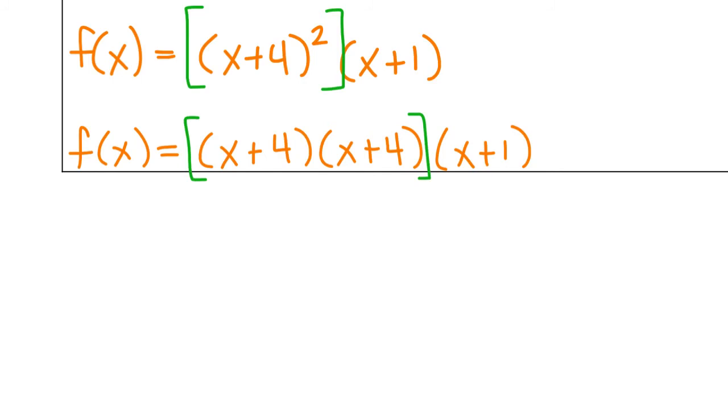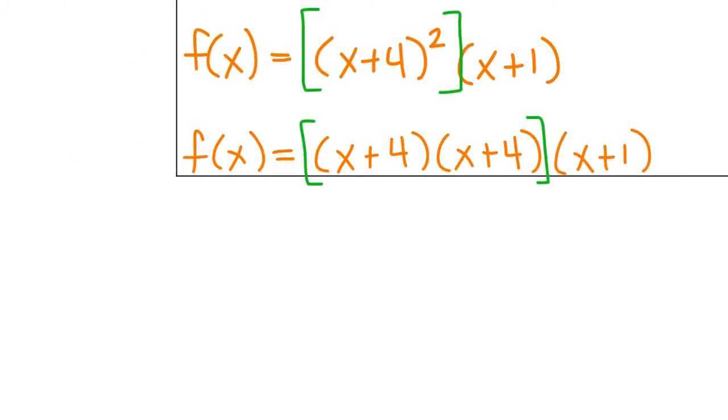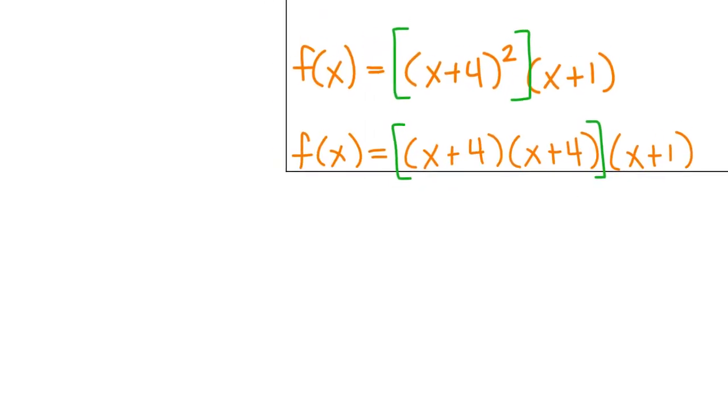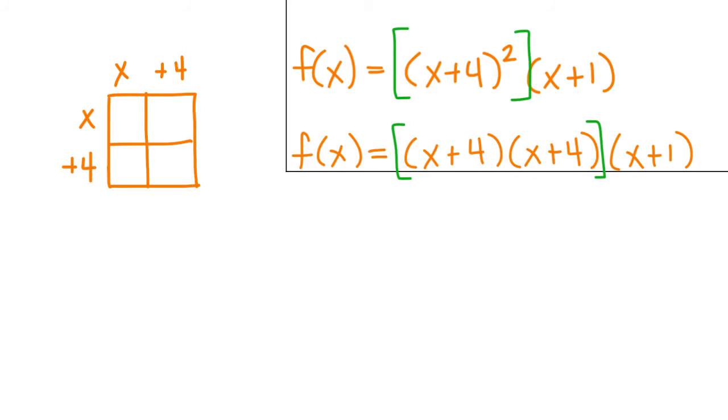You could use FOIL or you could use box method, which keeps it more visual, and I think it's easier to understand. I'm going to do box method. I have x plus 4 times another x plus 4. If I do corresponding column and row, x times x gives me x squared. Then x times this bottom 4 gives me 4x. The top right, 4 times x is 4x.